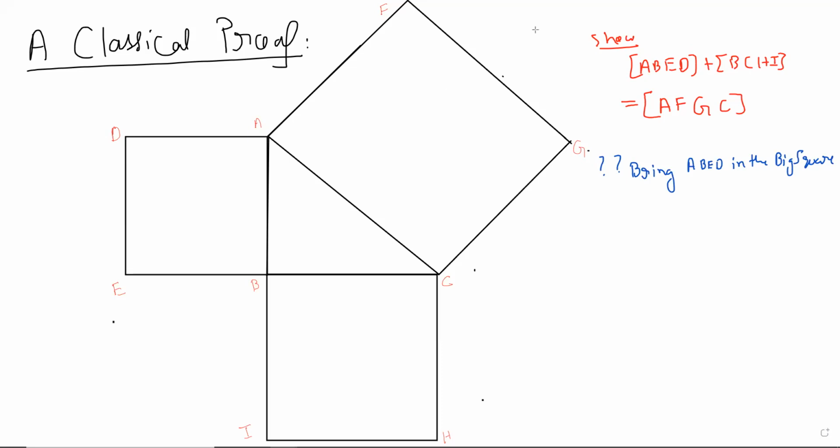So remember, obviously, that this is a right triangle. So this is a straight line and these are all parallel. This is also 90, 90.